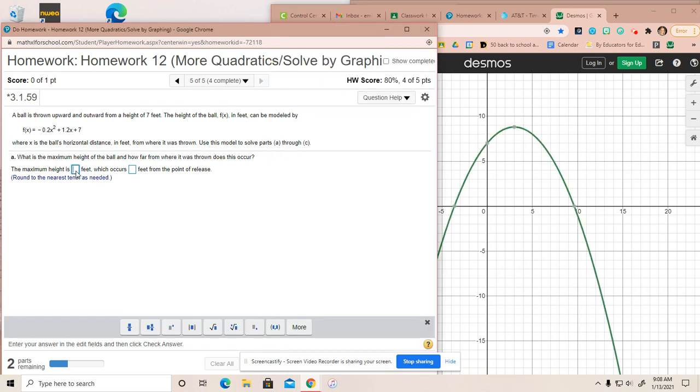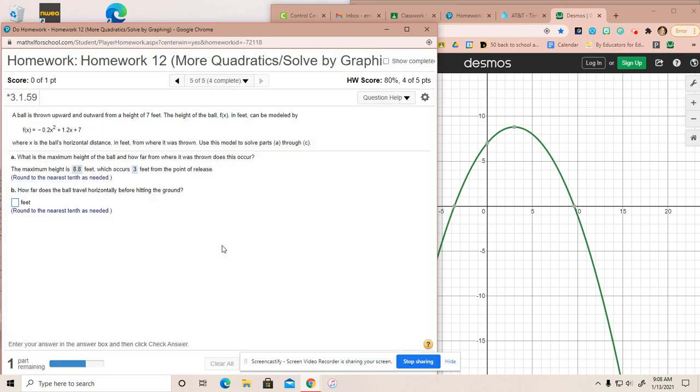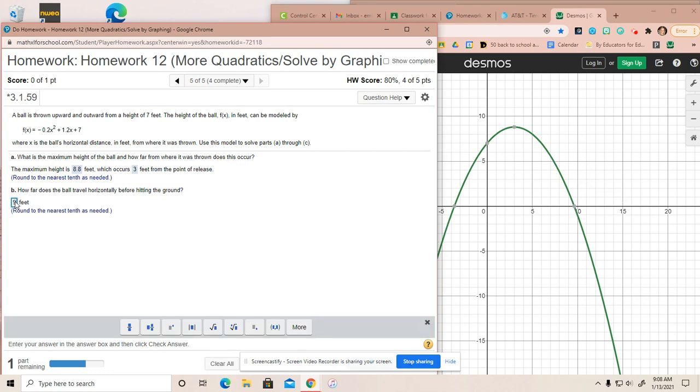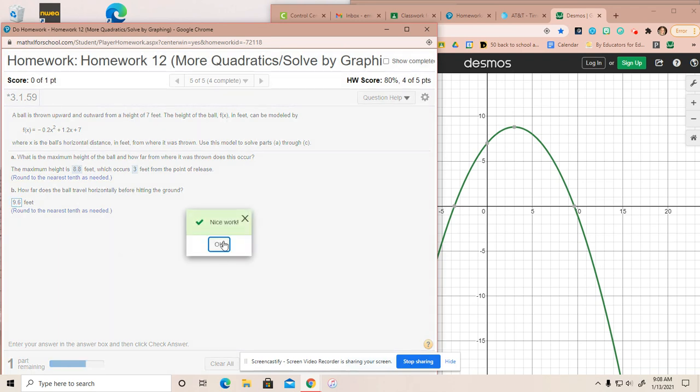So the height is 8.8, and the x is 3. And then how far it travels horizontally, that's the farthest to the right on that x-intercept, so 9.633. We're rounding to the tenth, so 9.6.